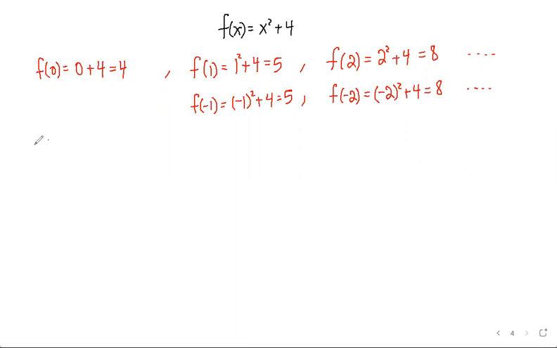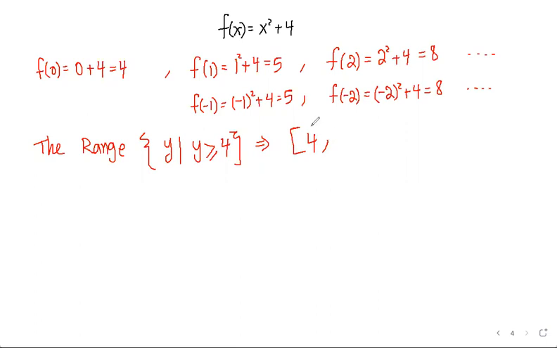So I can set the range as all outputs, all y's, such that y is greater than or equal to 4, from 4 to infinity. Or I can write the range like this: from 4 as a closed interval to infinity, open interval.